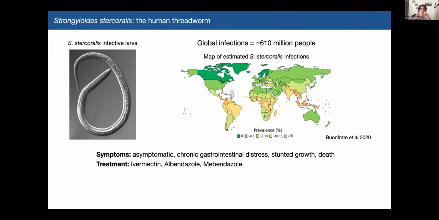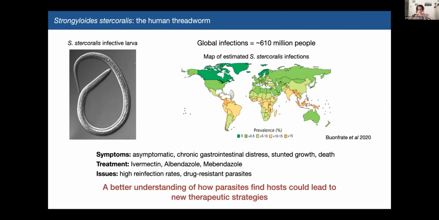Current treatments exclusively seek to reduce worm burdens through anthelminthic drugs, but this strategy is often ineffective due to really high reinfection rates. In addition, there's growing concern about the rise of drug-resistant parasites. So in the Hallem lab, our hope is that a better understanding of how parasites find their hosts could lead to new therapeutic strategies for nematode control.